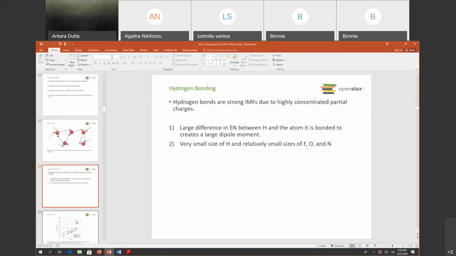Another way I can ask you: do you expect any hydrogen bonding when the hydrogen is connected to carbon? No, because the carbon-hydrogen bond is totally non-polar. This part has no ability to attract another one.